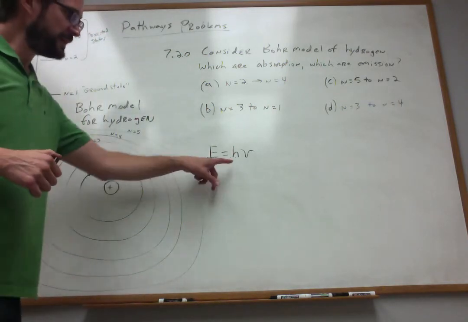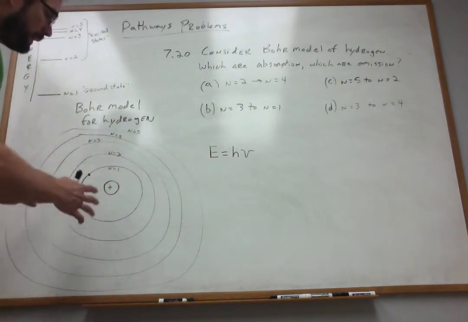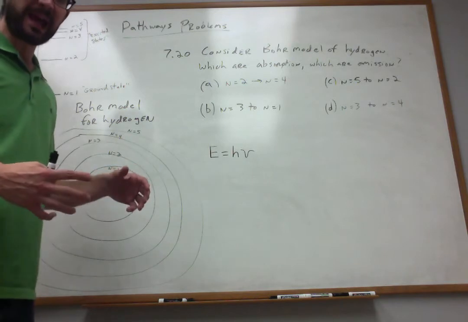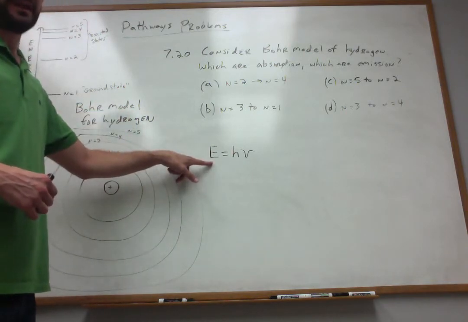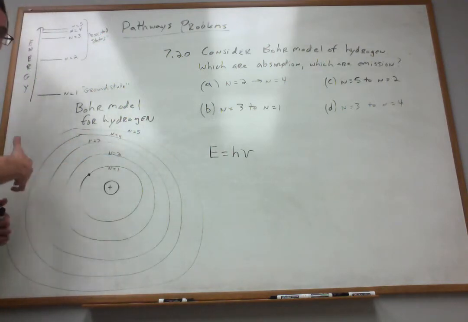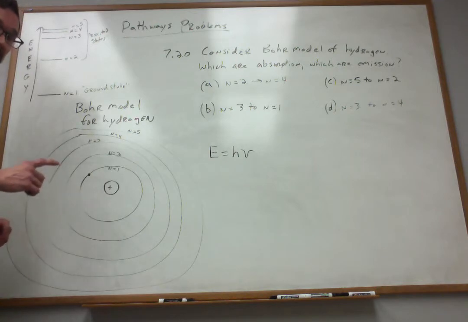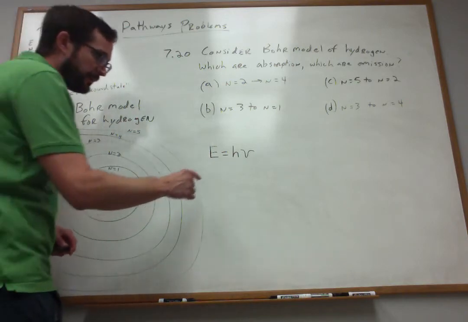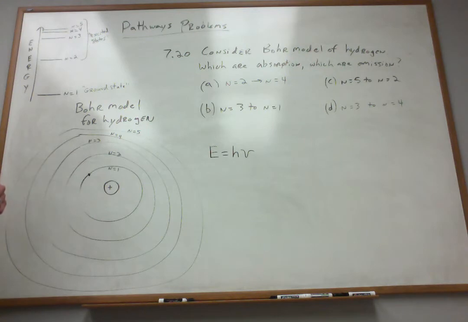If I shoot exactly the right frequency or wavelength of light on my atom, I can add a photon of energy to the atom, which provides the energy to bridge the gap between one orbital and another, should energy be required. Likewise, sometimes I can get energy back from the atom. I can have that atom give off light energy in the form of a photon. And again, it's a very specific frequency because there are very specific energy gaps between these levels.